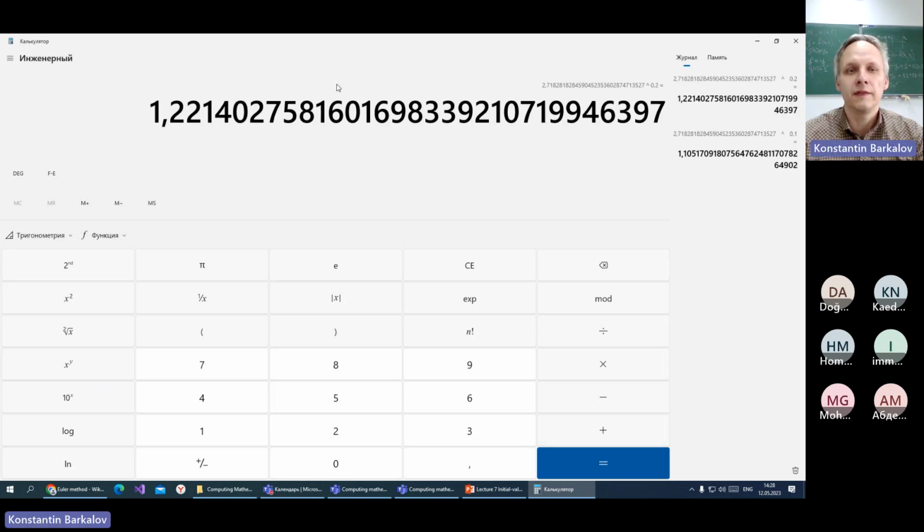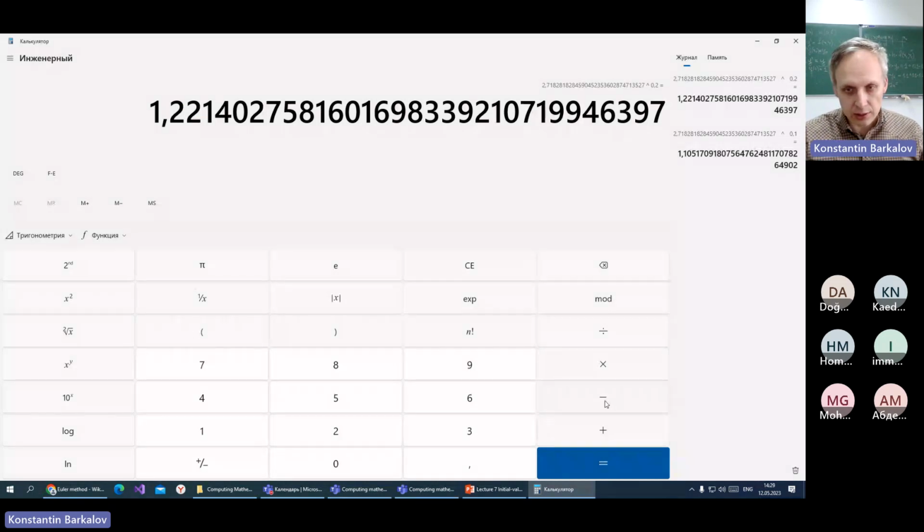This is the value at the second step, at the value 0.2: 1.2214. But what do we get by Euler's method? We get 1.21. Again, this value 1.21 is very close to the real value.